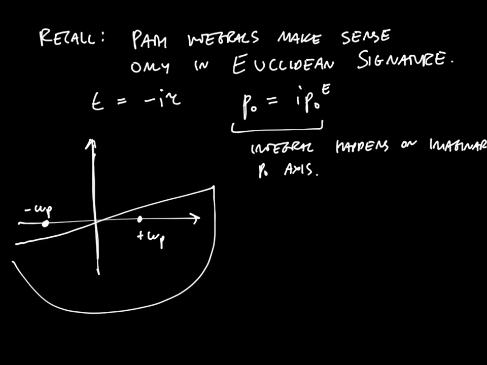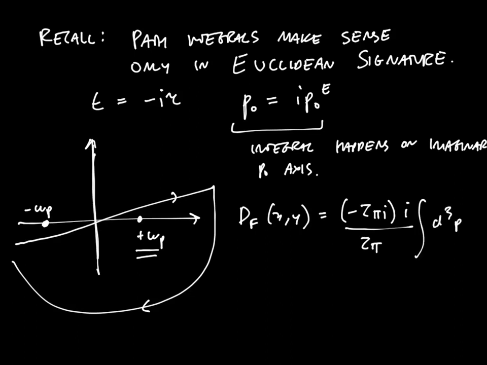Okay, so now we can do the integral. We do this with complex analysis. We write down the propagator D_F of x and y. We go this way and circle the pole in this manner, and we take the contribution from the plus omega p if x naught minus y naught is greater than 0. There's a minus 2 pi i coming from the fact that I'm circling a pole, but doing it the other way. The 2 pi was in the answer to begin with. The d3p goes along for the ride.